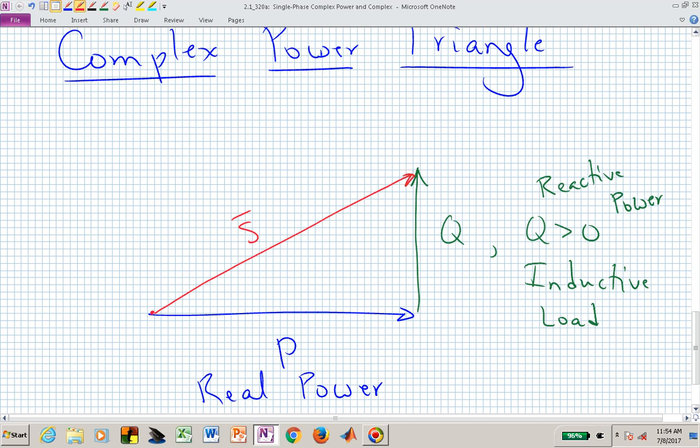So anytime you think about complex power, you can think about this complex power triangle, which has a real part horizontal, an imaginary part vertical, and a hypotenuse, which gives us the complex power. That's this length at a given angle. And again, the angle theta is the difference between the voltage phasor's angle and the current phasor's angle.